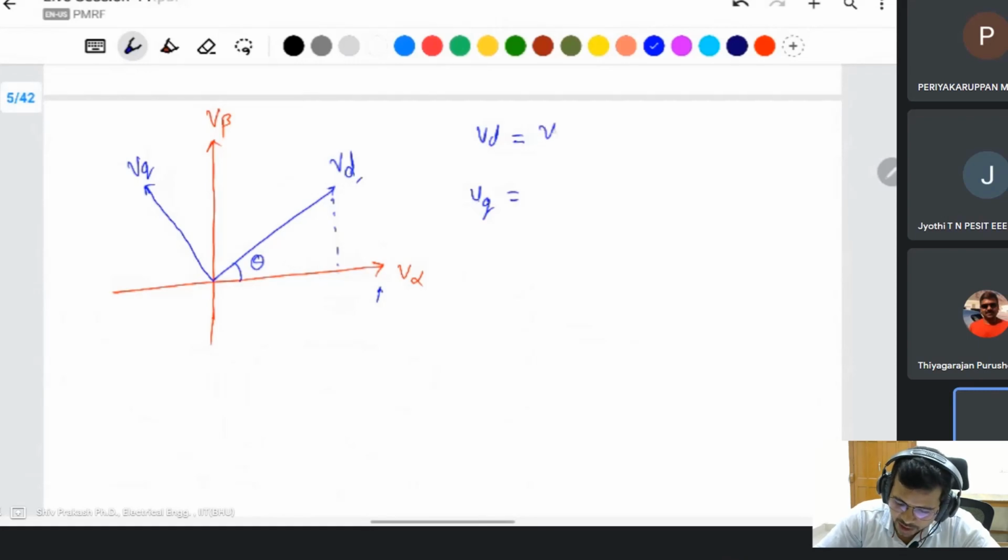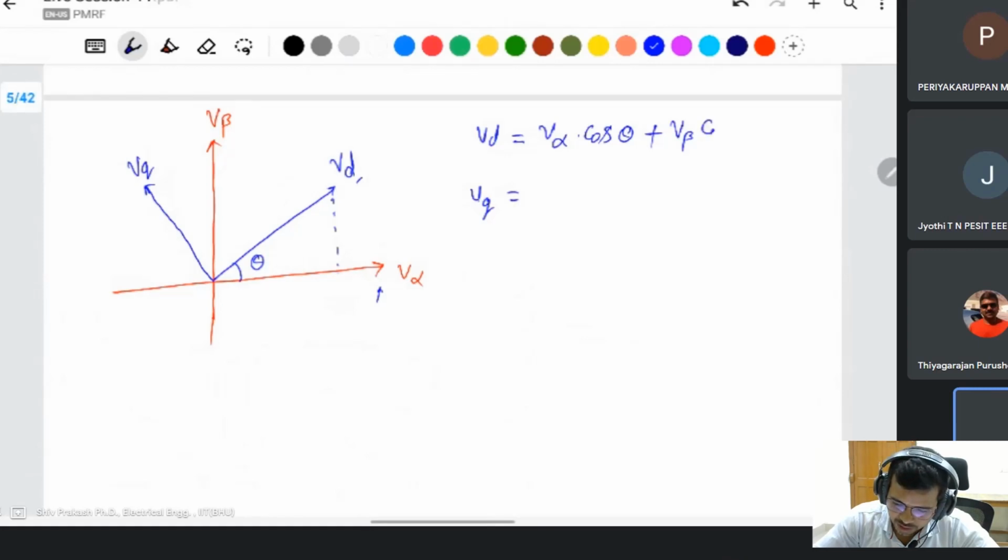It is V alpha into the cos of the angle between them, which is theta, so simply cos theta, plus beta. What is the beta? Sorry, the effect of V beta on VD. Then the angle between them is 90 minus theta.